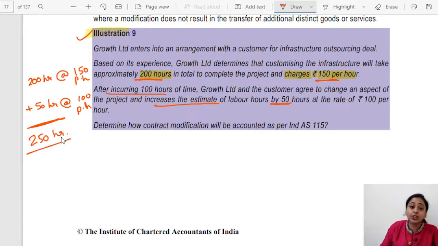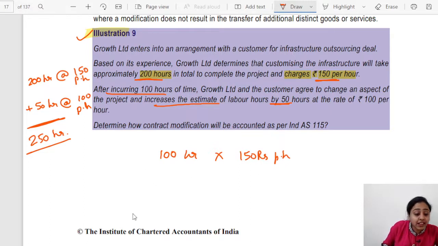So how should it be recorded? After incurring 100 hours, the first 100 hours have already been completed and already been recorded at the previous rate, that is 150 rupees per hour.